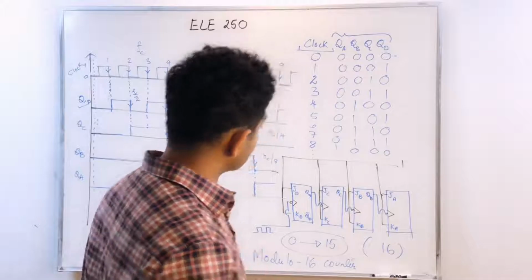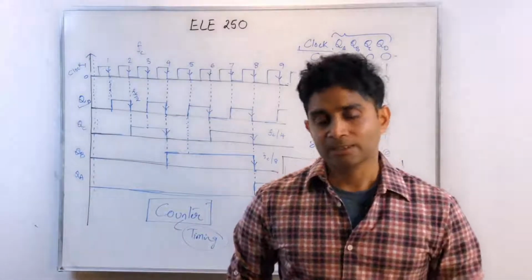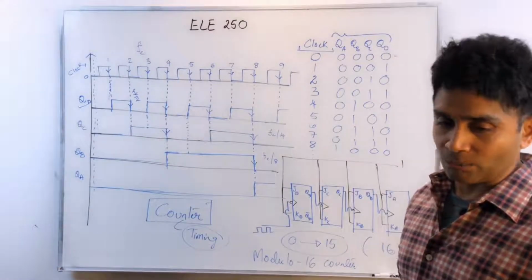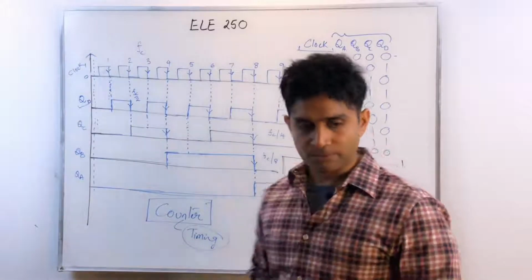For example, if I just use 3 of these flip-flops, I would have obtained a modulo 8 counter, because that goes from 0 to 7.